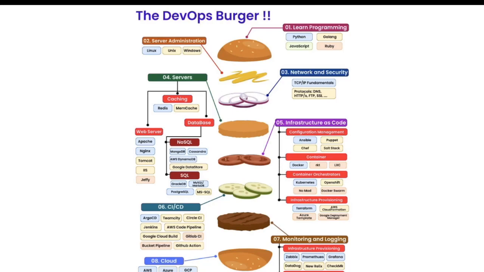Just go through some concepts, then you will understand the Azure concepts also. If you have AWS, then Azure will be easy, and if you have Azure, then AWS also will be easy. The concepts will be same, but the names will be different and the user interface will be different. So this is the complete DevOps burger which we need to focus on to become a successful DevOps engineer.